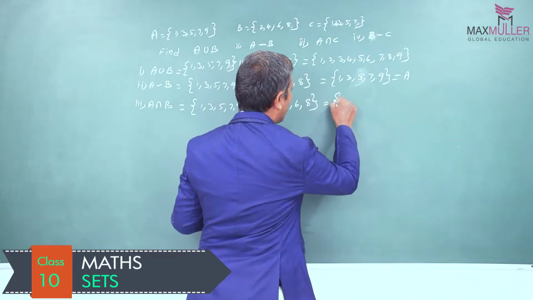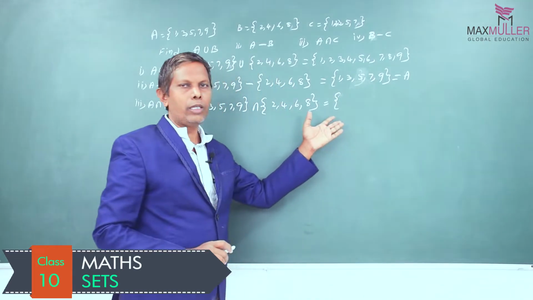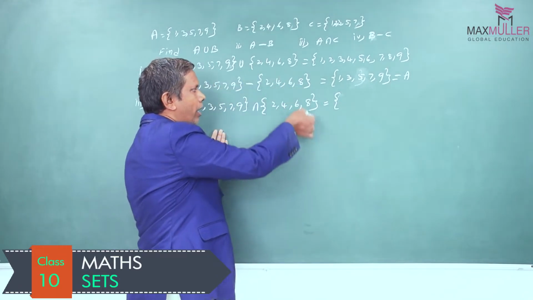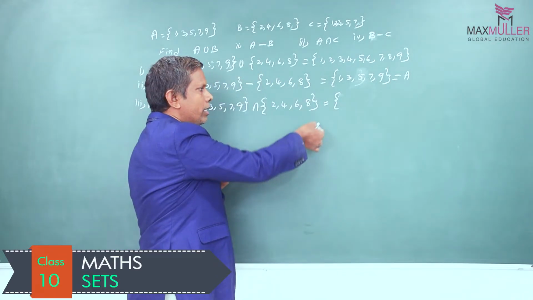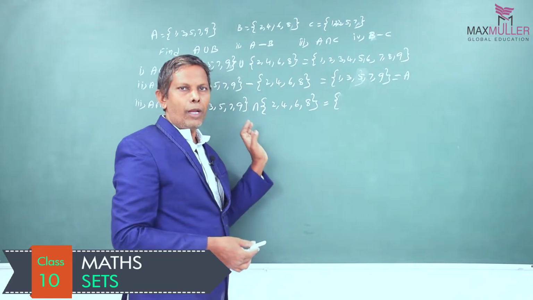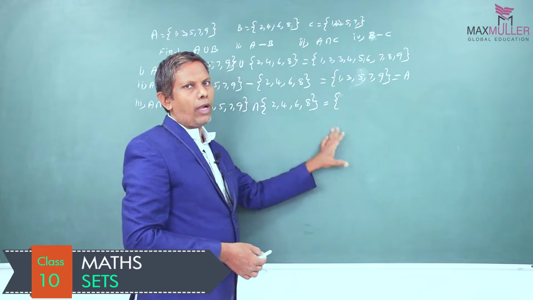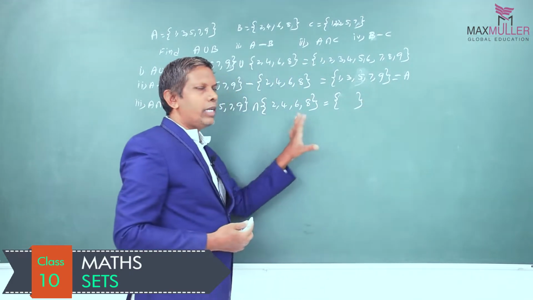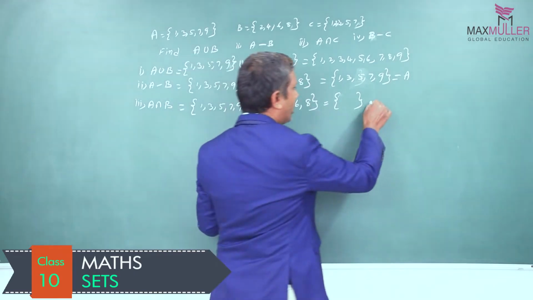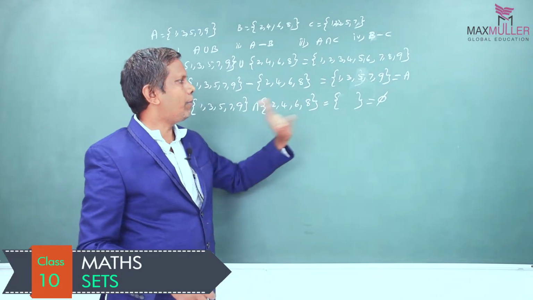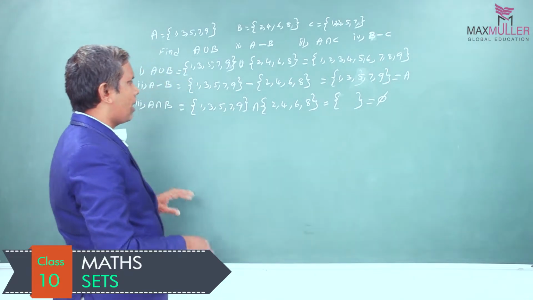So no need to write any elements. The elements which are there in both A and B, there are no elements like that. You can write just the empty set, that is known as phi.